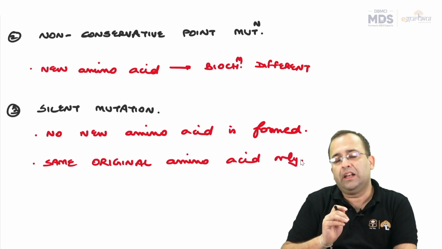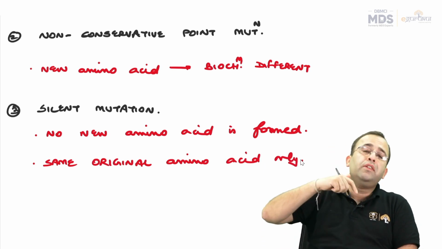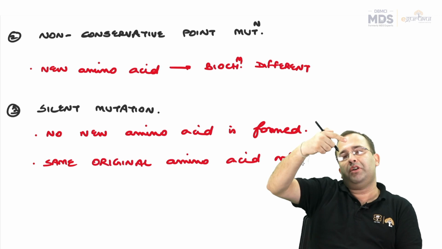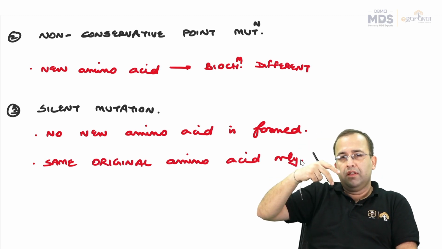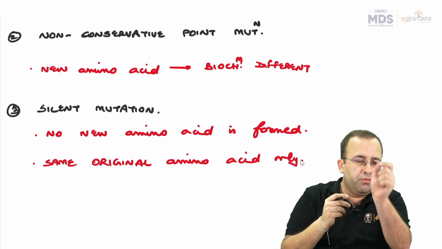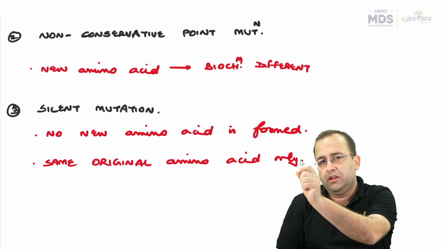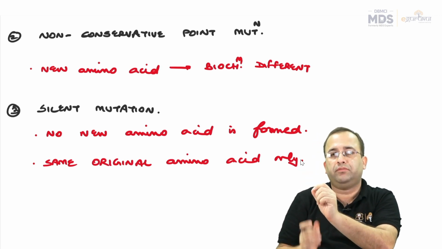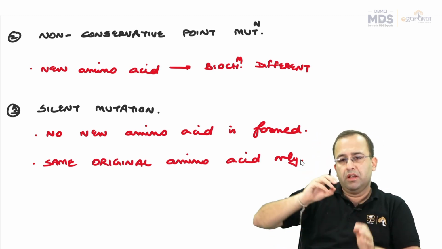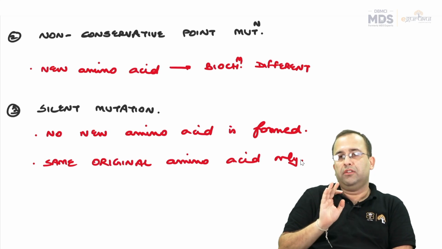This is a silent mutation. So what is the difference between a conservative point mutation and silent mutation? Conservative point mutation leads to a new amino acid that is biochemically similar. Silent mutation gives the same original amino acid only.